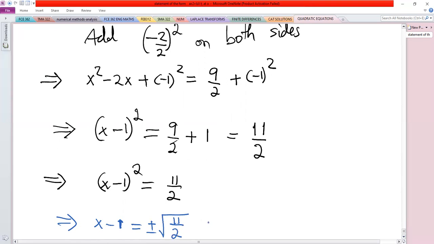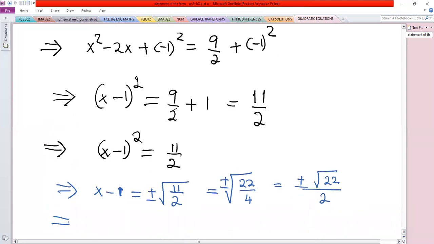By then we can write this one as plus or minus square root of 22 over 4, which can just be written as plus or minus square root of 22 divided by 2.